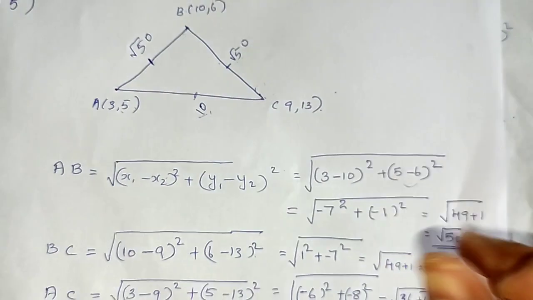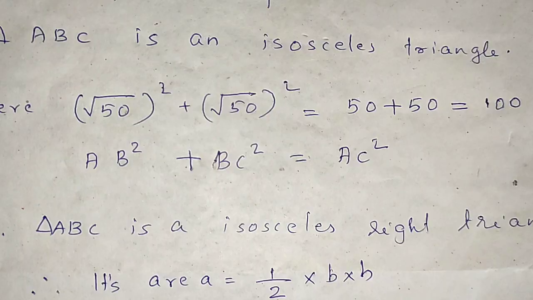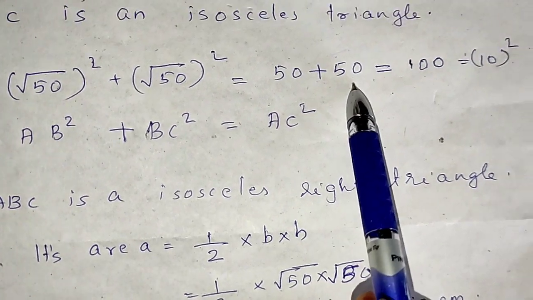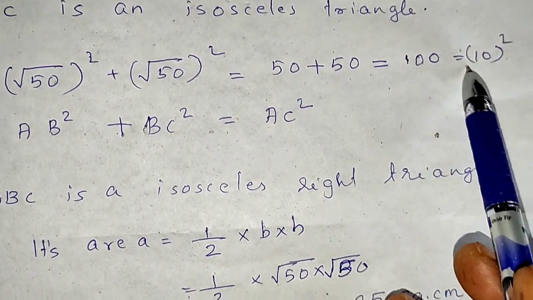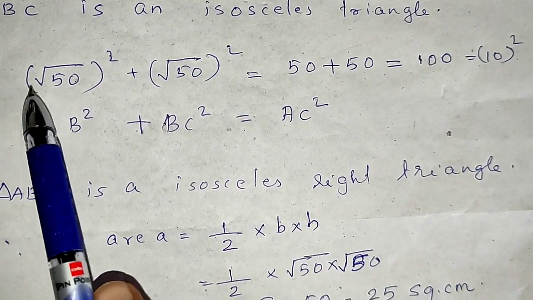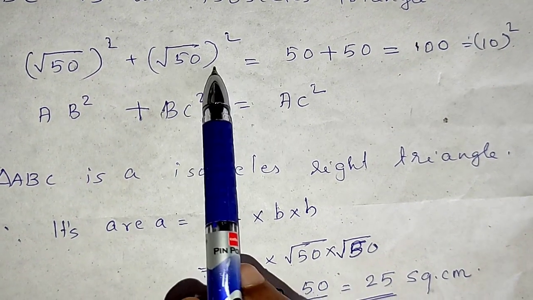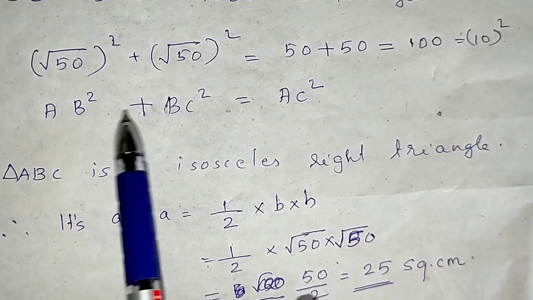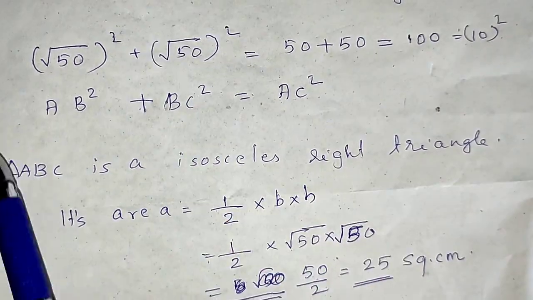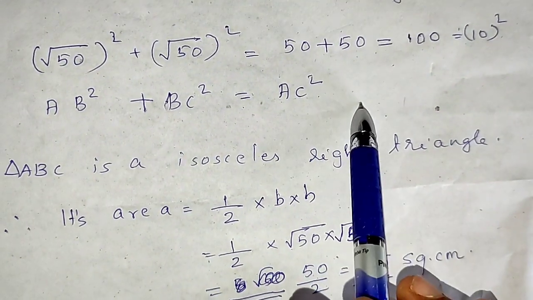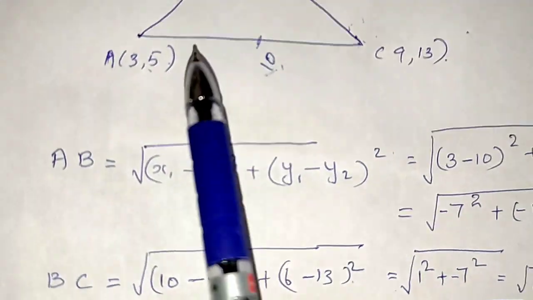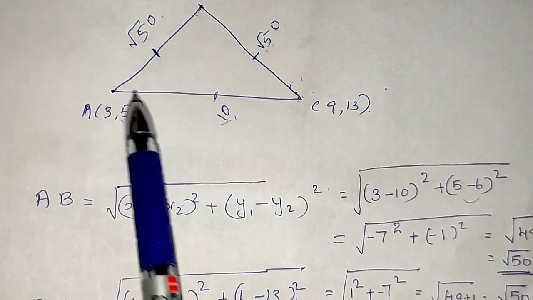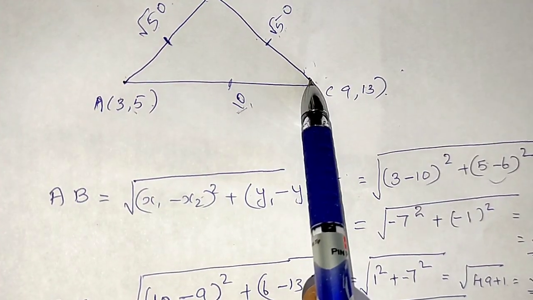That is 50 plus 50, which is equal to 100, which is equal to 10 square. So we have AB square plus BC square is equal to AC square. So that means AB, BC and AC are sides of a right triangle. That means our triangle ABC is actually an isosceles right triangle with the hypotenuse 10 centimeter.